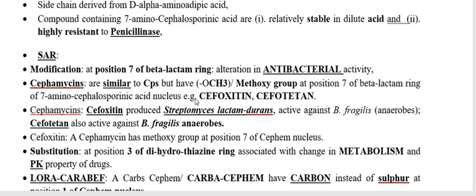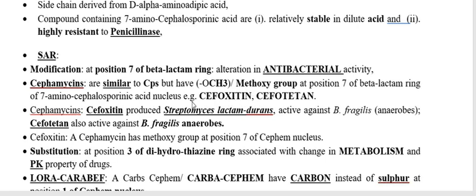And in cefamycin there are two important antimicrobial agents, cefoxitin and cefotetan. What is interesting with these two is that they have better antibacterial activity.